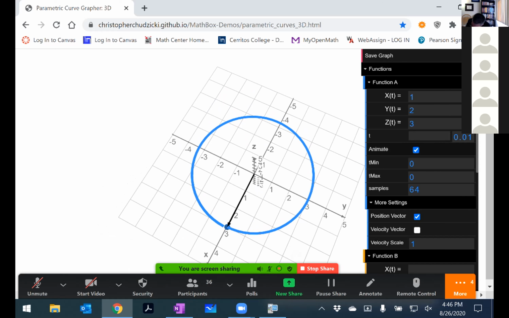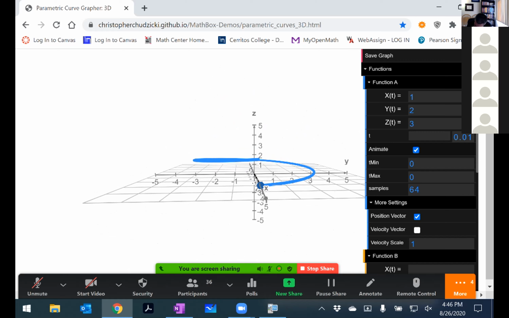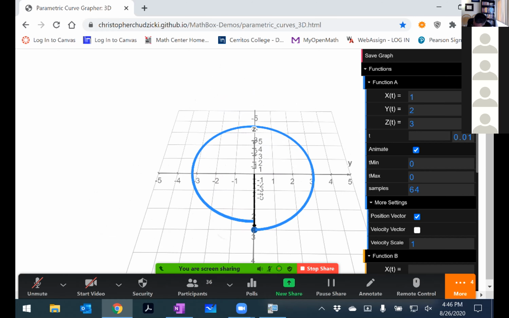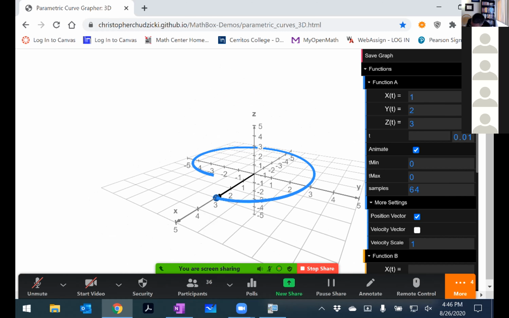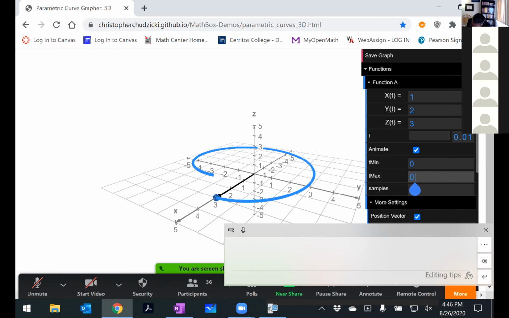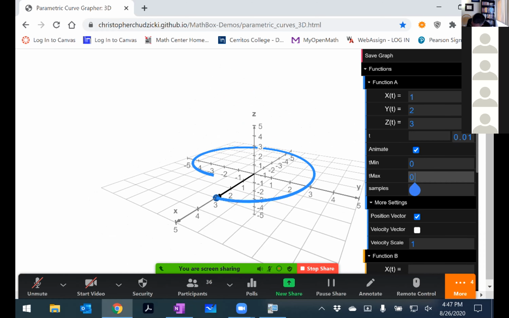Okay, let's go back to the animation, I guess. What am I doing wrong here? Why is it saying that x is 0? Oh, I know why. Because I made t max to be 0.